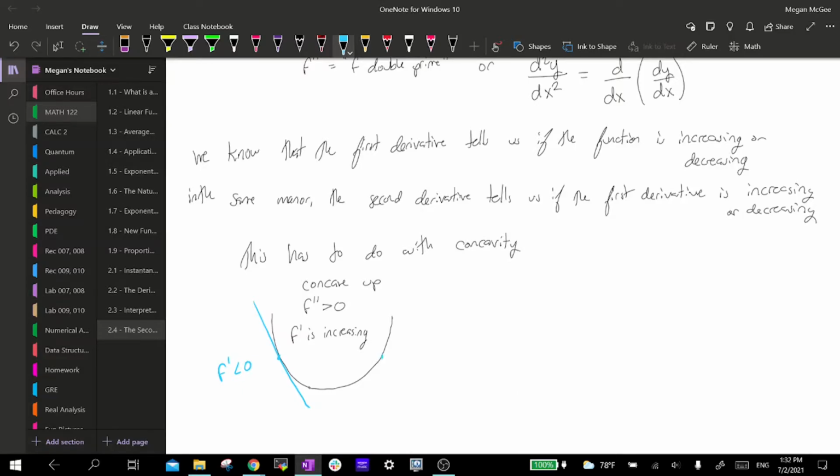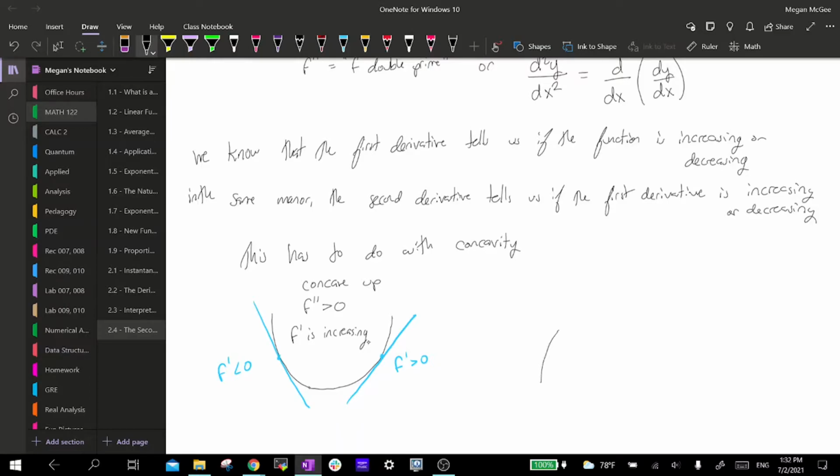But if we look over here, our function is increasing, which means our derivative must be positive. So our derivative went from being negative to being positive, meaning our derivative is increasing. So if the derivative is increasing, the second derivative must be positive, means that we have upwards concavity.